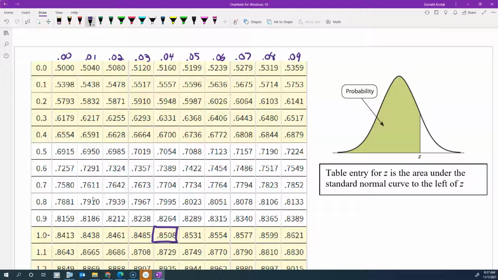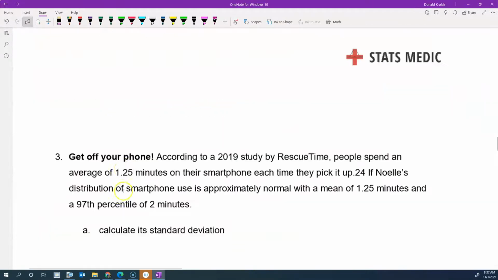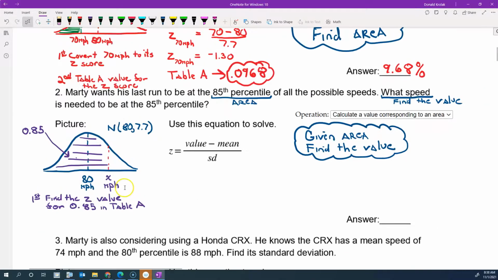So my z-score is going to be 1.04. Okay, so I'll drop that in. Positive 1.04.